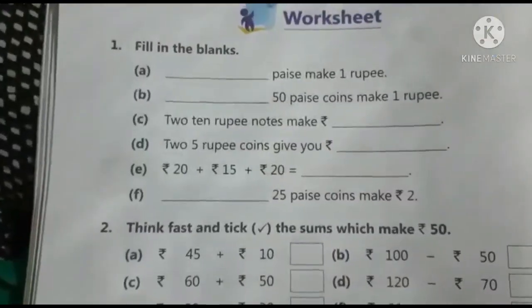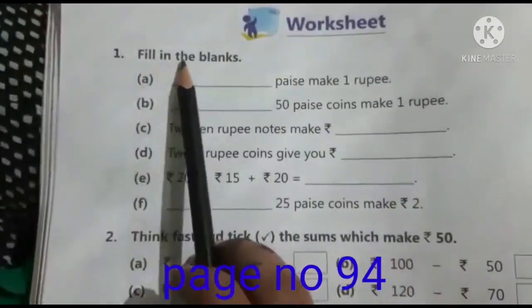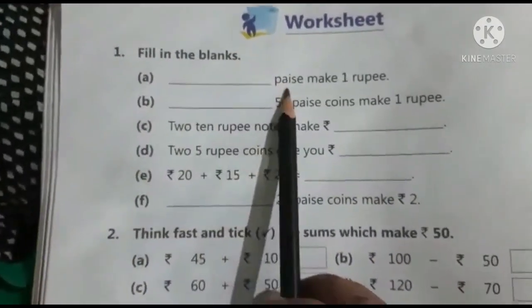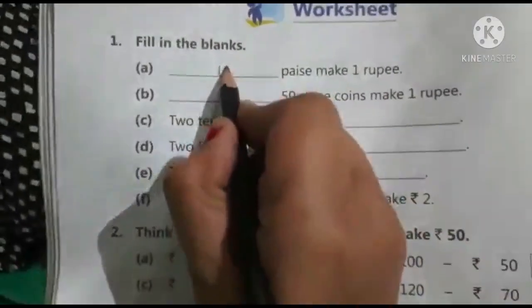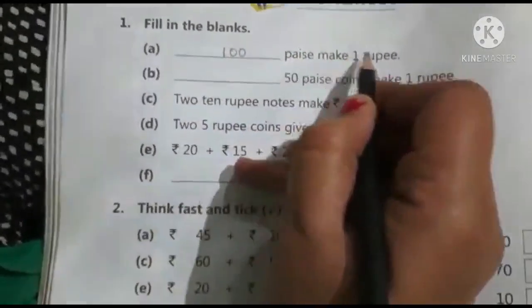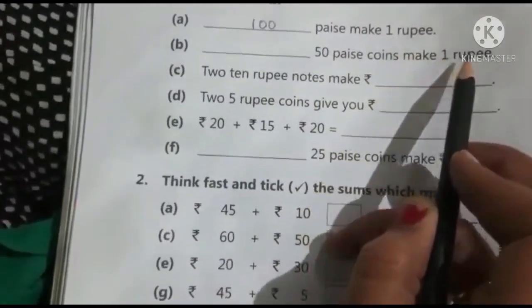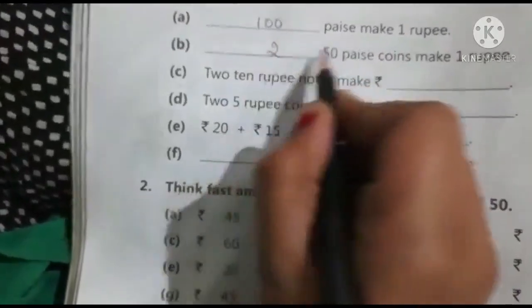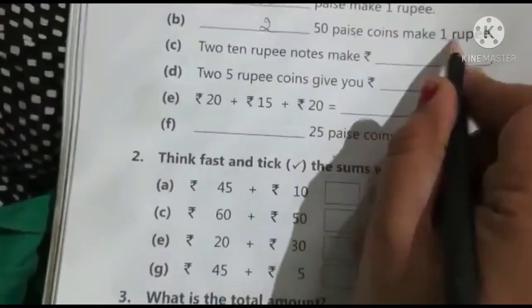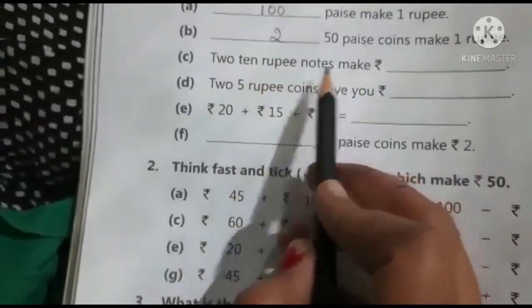In page number 94, we have a worksheet. And the first question is fill in the blanks. Dash paise make 1 rupee. 100 paise make 1 rupee. Dash 50 paise coins make 1 rupee. How many? 2 50 paise coins make 1 rupee. 2 10 rupee notes make 1 10 rupee note.